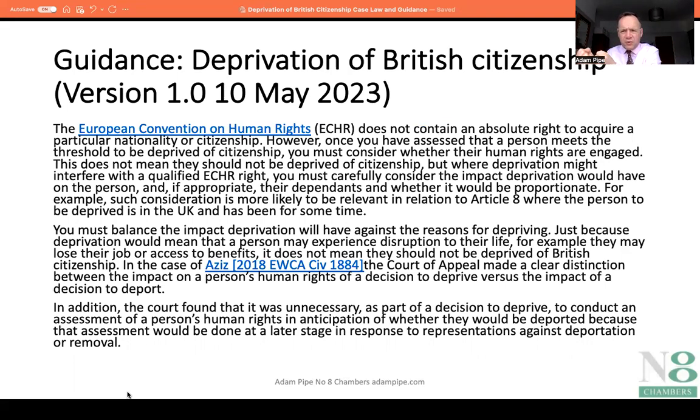So remember, in deprivation, we're looking at the Article 8 impact of a decision to deprive. Obviously, questions of deportation and removal and the Article 8 impact of that will come at a later date if deprivation action is taken.